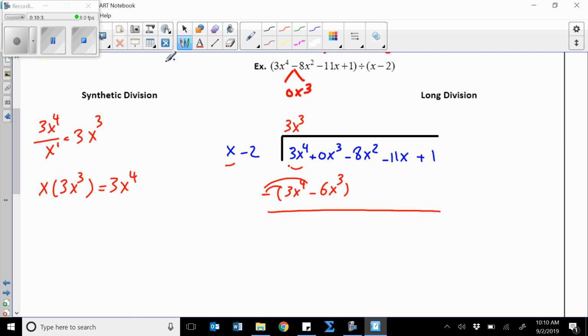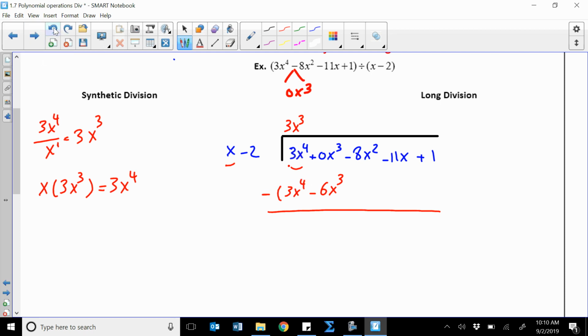So instead of doing this, I'm just going to go ahead and change the signs. This was positive, now I'm going to change it to negative, and this was negative, so it's going to be positive. Right now I'm just going to consider these green signs as the signs of my terms.